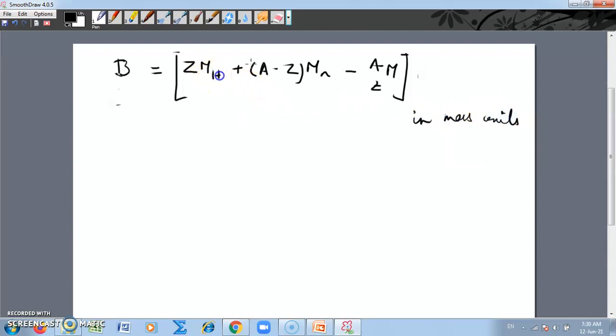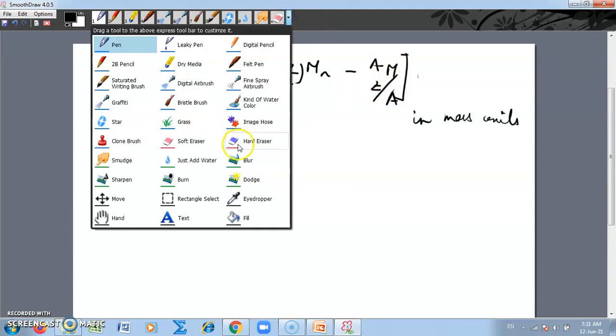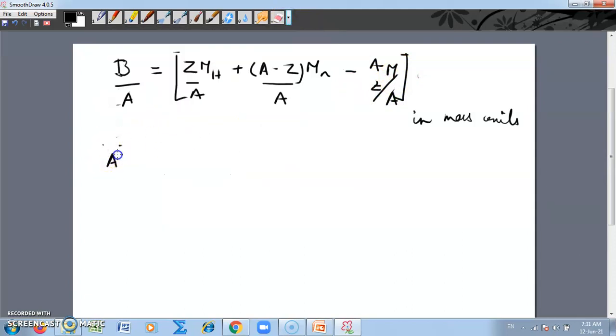So if I write it like this now, let us divide this by A. So it becomes like this by A, and this divided by A. Look at this quantity. What was B? B was the binding energy of the whole nucleus.